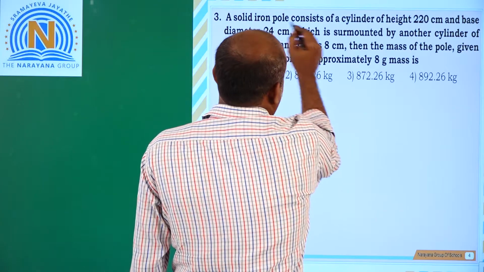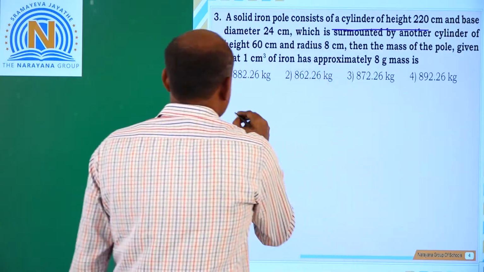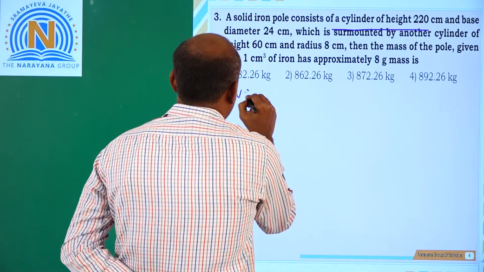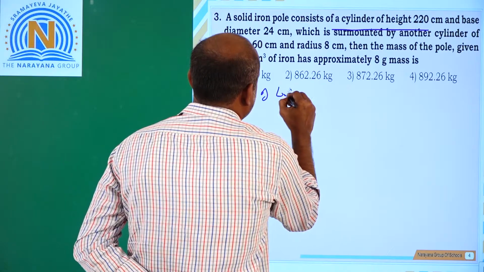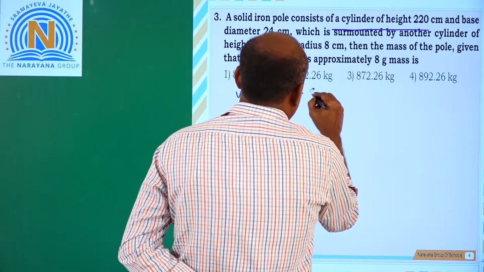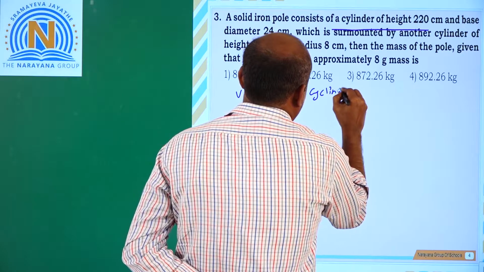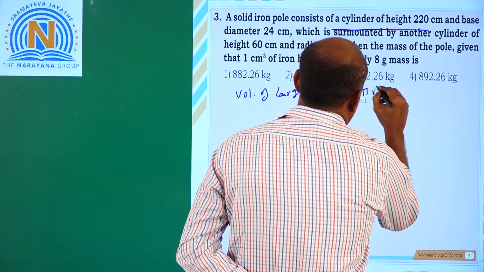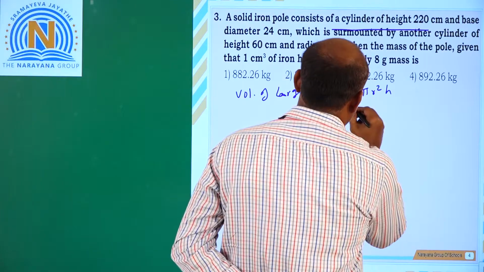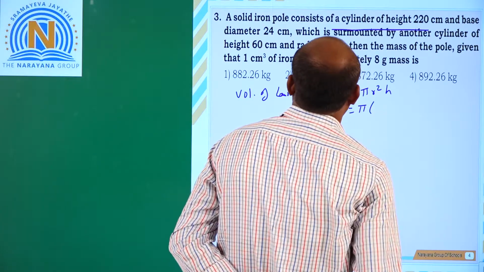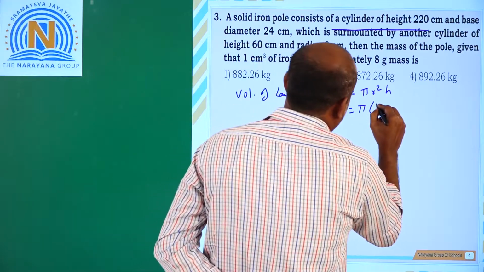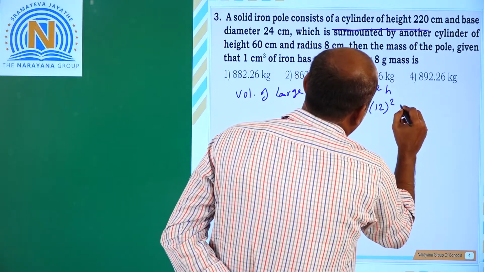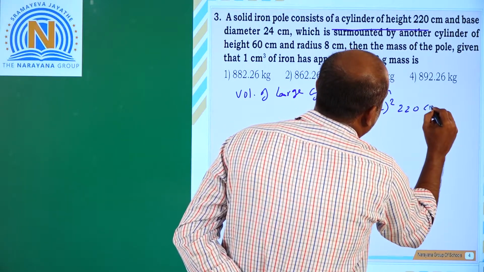So first, the volume of the large cylinder is pi r square h. Diameter is 24, means radius is 12, so pi into 12 whole square into the height 220 centimeter cube.